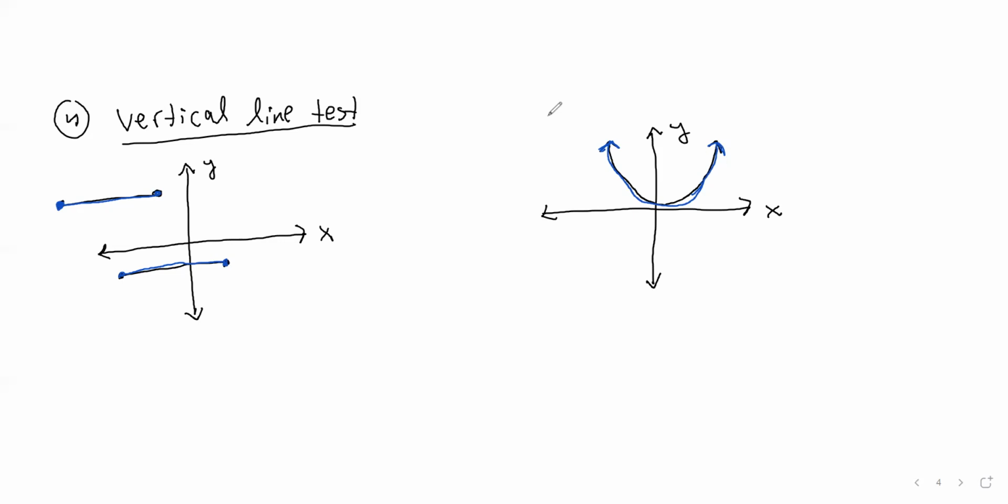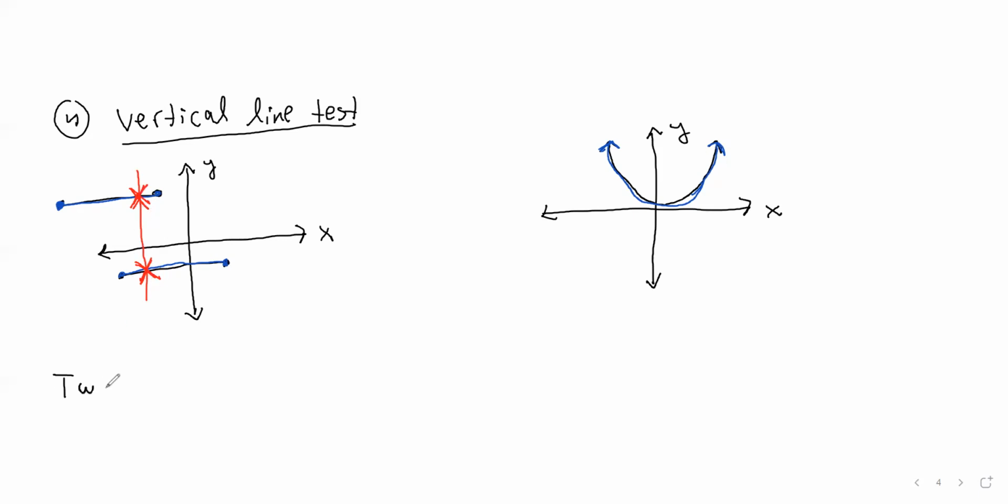So let's look at the first one here. I'm going to draw a vertical line, let's say through here. As you can see, we have one intersection point here on the top line, and we have one intersection point here in the bottom line. So what we have is a vertical line that intersects 2 points on the graph.